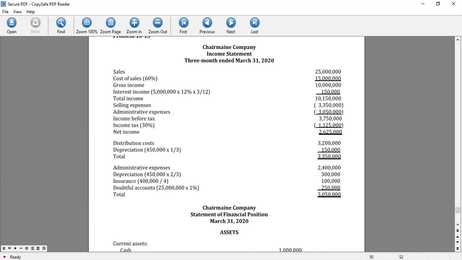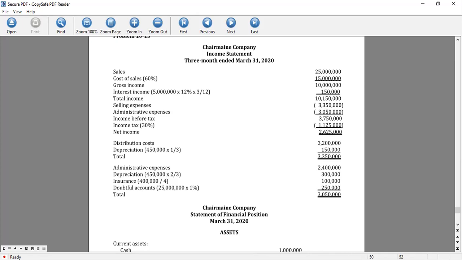So we have now the 450,000 for a depreciation. Still, we divide it by one third. The depreciation here is only good for 3 months.